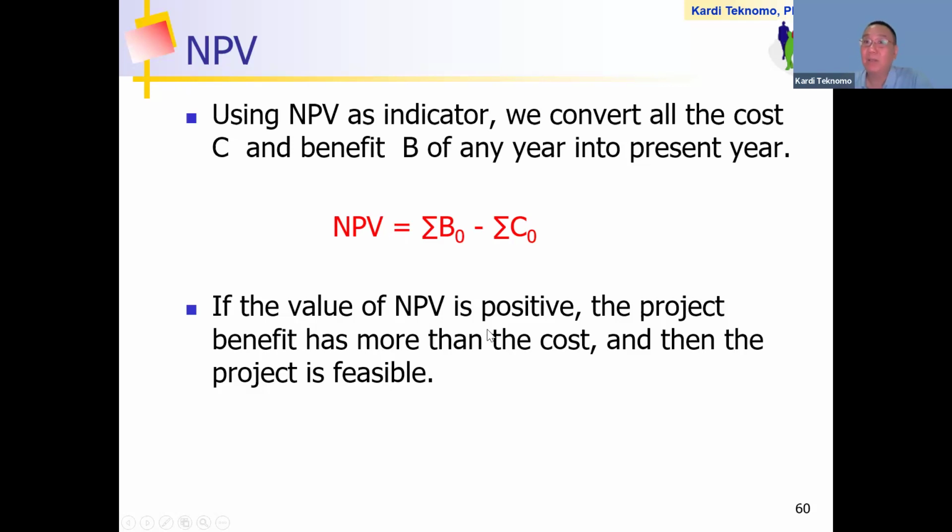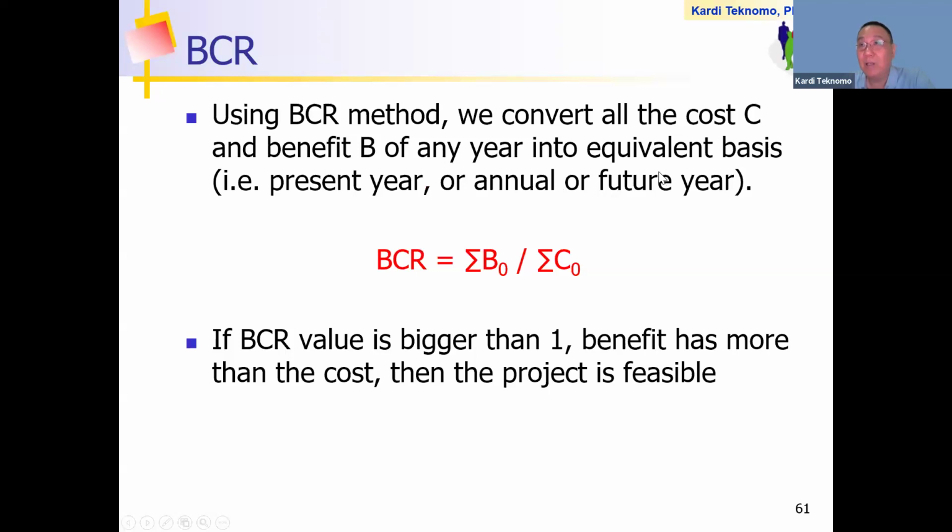If NPV is positive, then the project benefits more than the cost, and the project is feasible. BCR is the same thing. You need to convert the benefits and the costs to year zero. Without that, you will get a different comparison. So you need to put all the benefits and costs in the same year, equivalently.